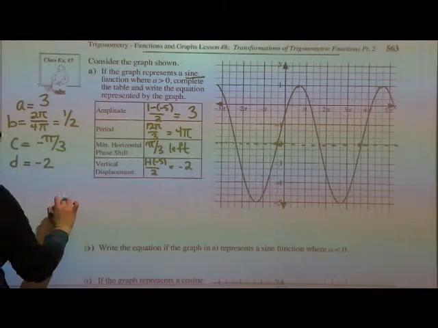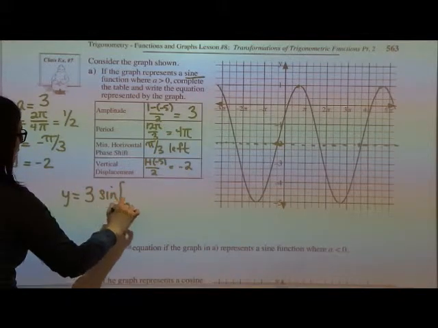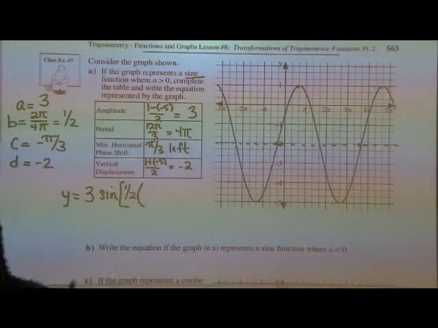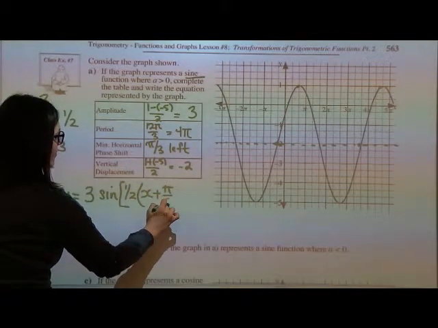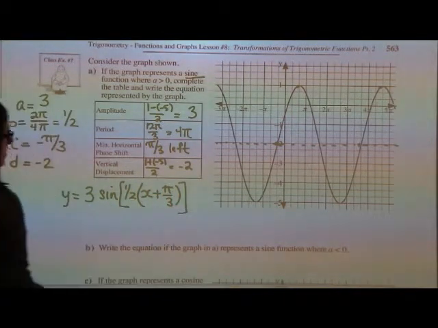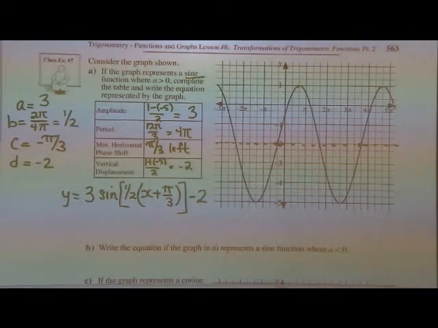So then I would get y equals 3 sine [1/2 (x plus pi over 3)] minus 2. And you can then check this on your graphing calculator.